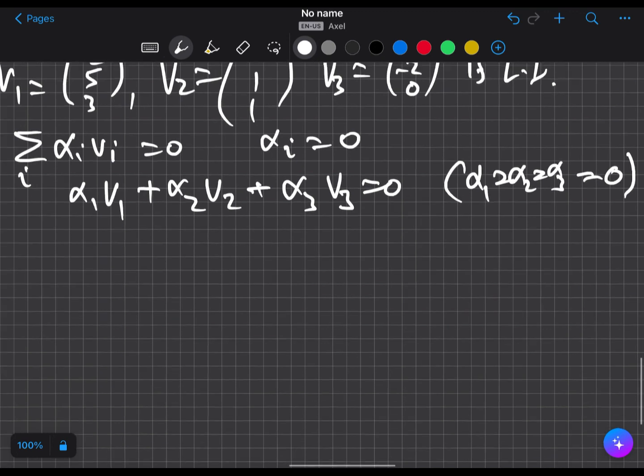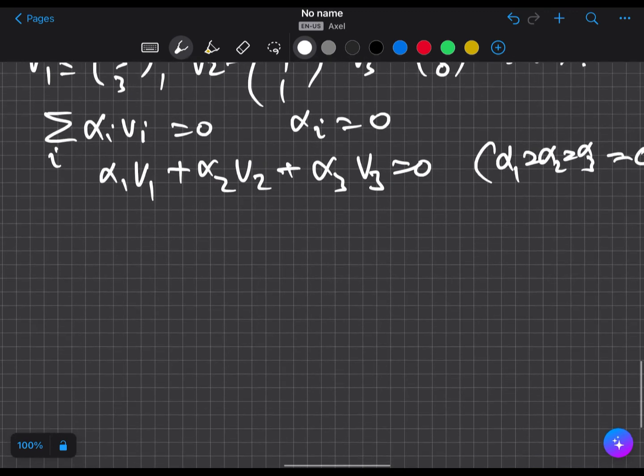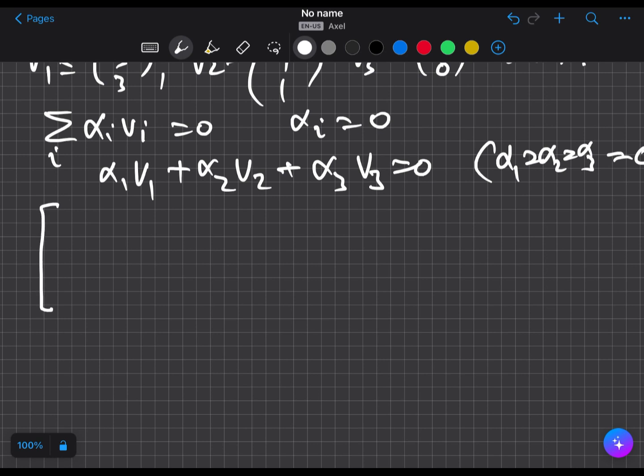Okay, so we can write this in an augmented matrix form, which gives me 2, 5, 3, 1, 1, 1, 4, -2, 0, augmented with 0, 0, 0.